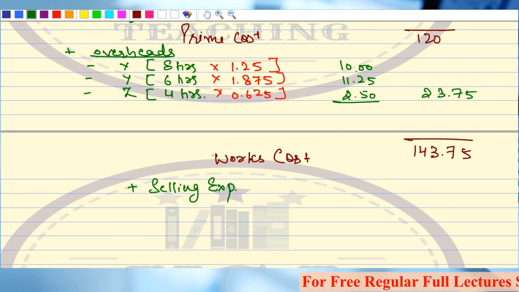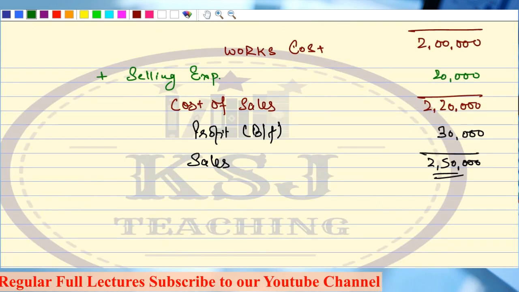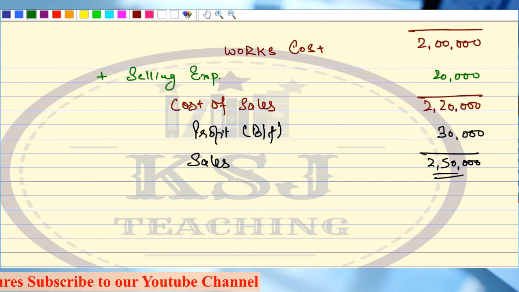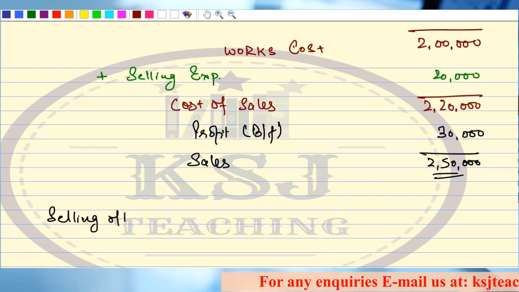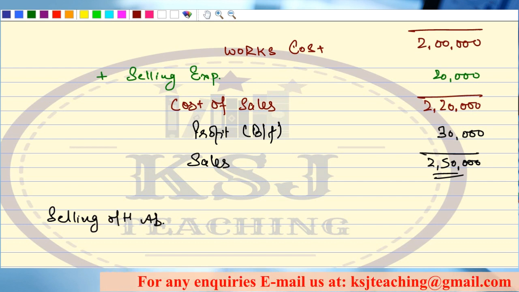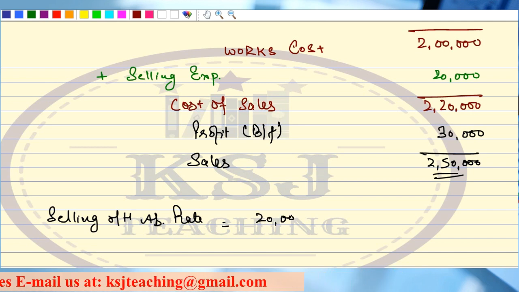Then how are we going to calculate the selling expenses? Now this is another important point of this question. See, here you have selling expenses of 20,000. Can you calculate the selling expenses absorption rate? If you are asked to calculate the selling overheads absorption rate, on what basis can you calculate it?